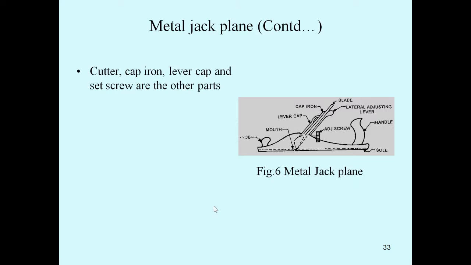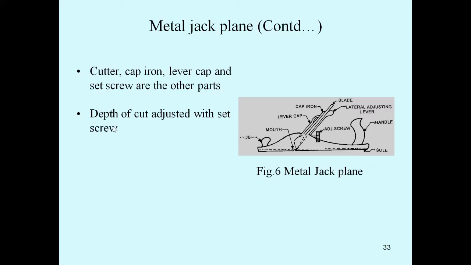You can see here the cutter, cap iron, lever cap, and set screw are the other parts. This will be the set screw. And this will be the cutter blade, also called the iron cutter.